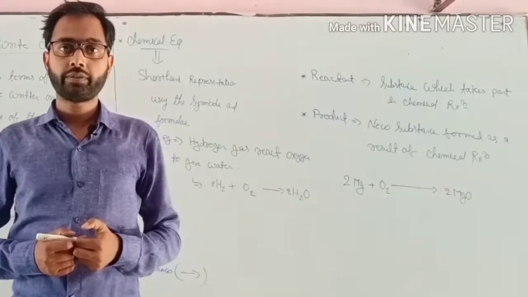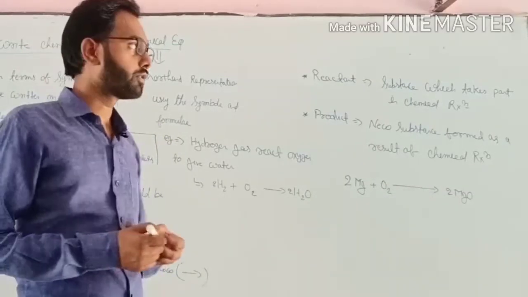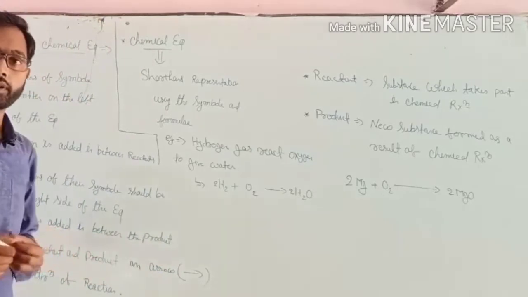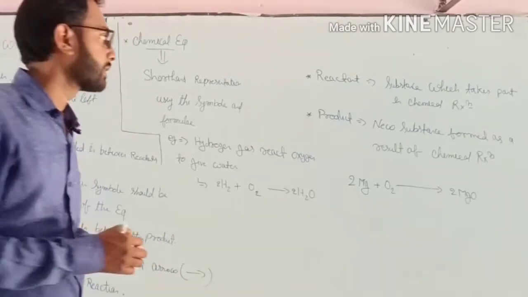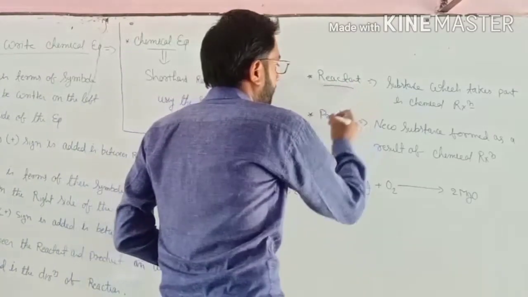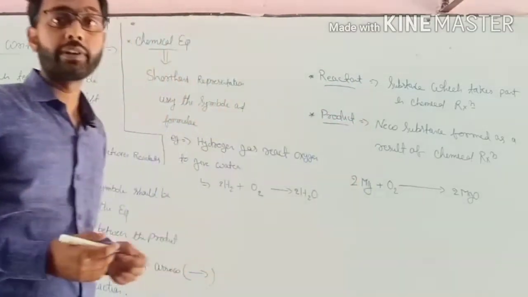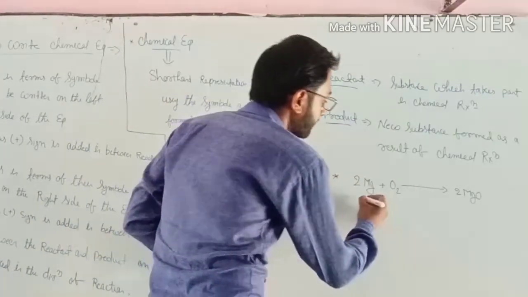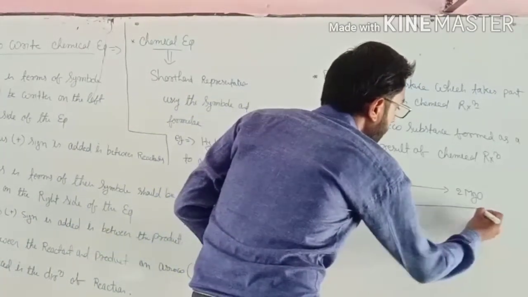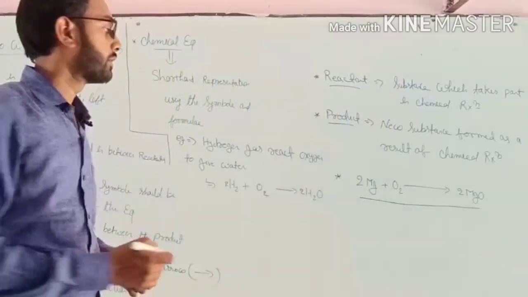The next topic is chemical equation and how to write a chemical equation. But before understanding this topic, we have to understand some points like reactant and product. So what is a reactant and what is a product? Suppose magnesium ribbon is burned with oxygen to produce magnesium oxide.